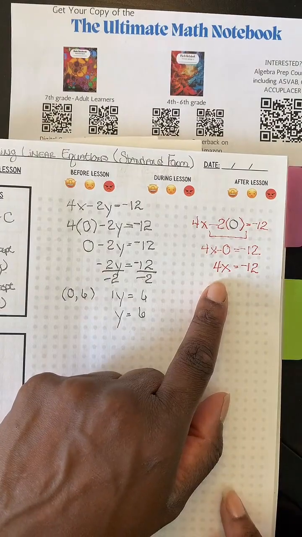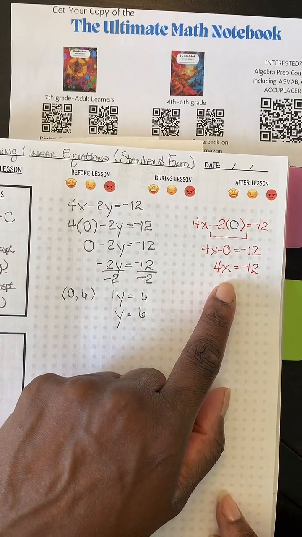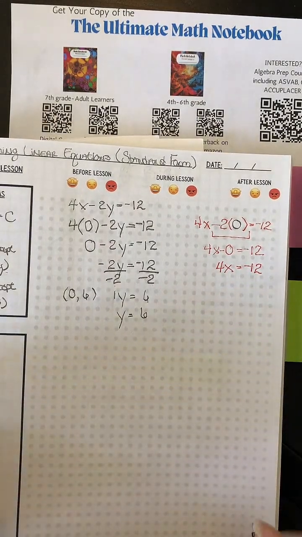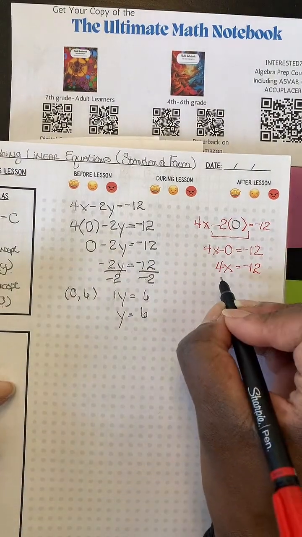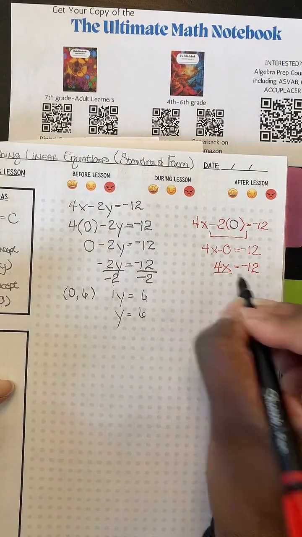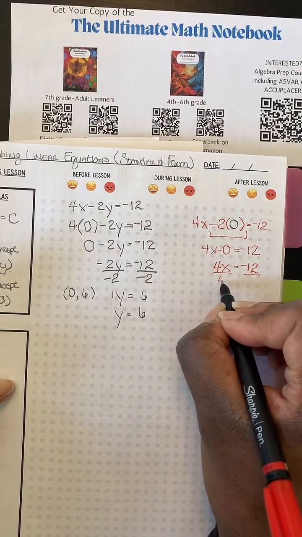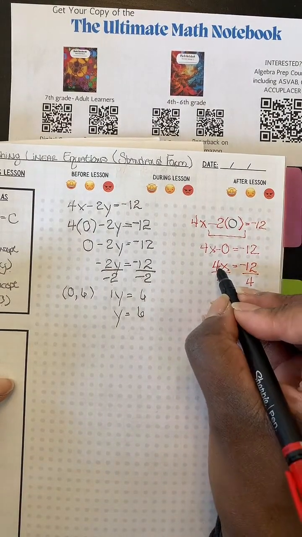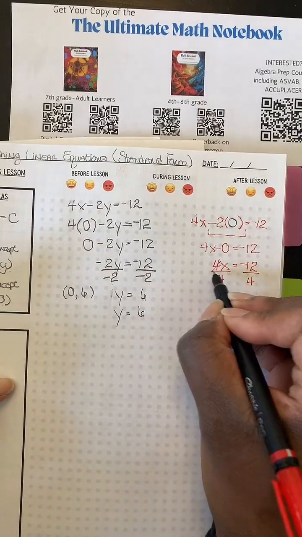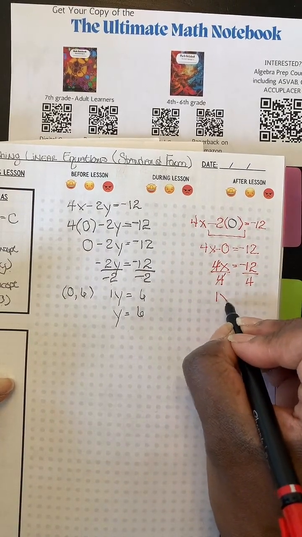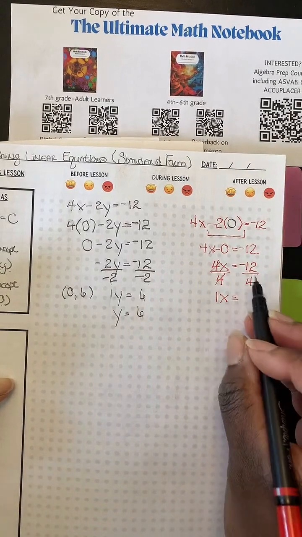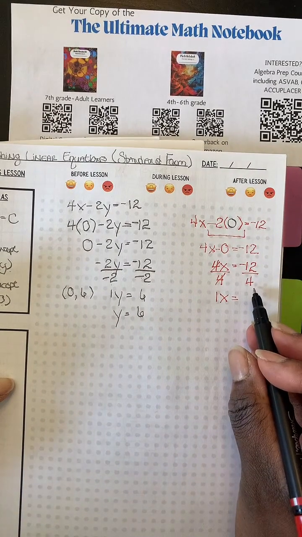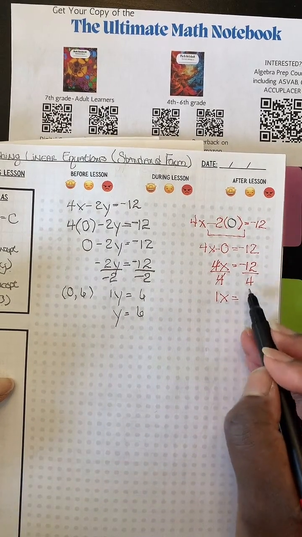4x is the same as saying 4 times x. So the opposite, or the inverse, of 4 times x is division by 4. I'm going to divide both sides by 4. 4 divided by 4 gives me 1. Negative 12 divided by a positive 4, the signs are different.